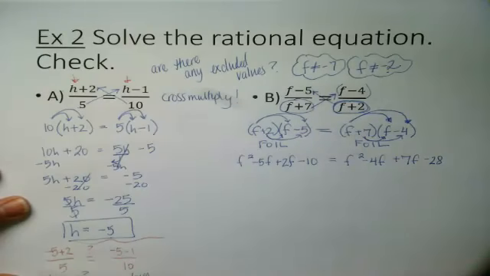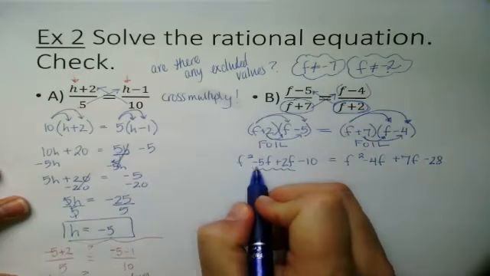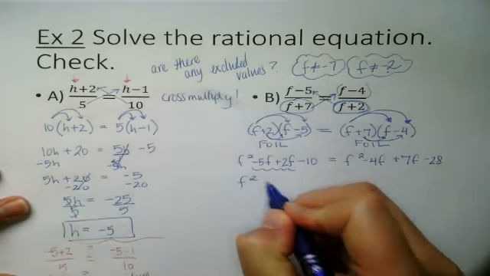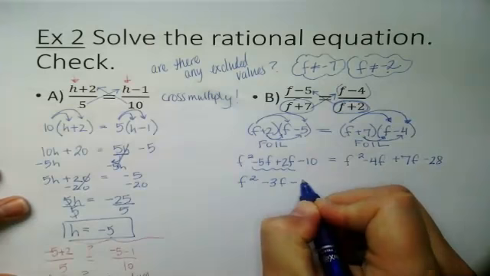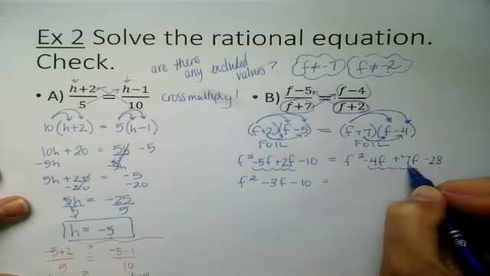Before I do anything, I want to combine some like terms. So I have negative 5f and 2f, which would be negative 3f. And on the right-hand side, negative 4f and 7f.